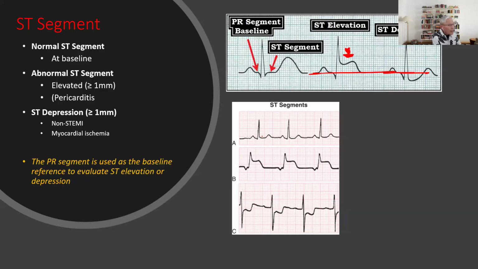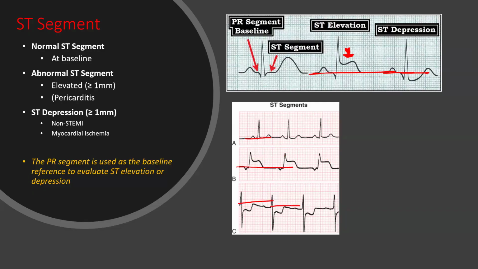Okay, so in letter A, notice that the baseline is going to be at the baseline, meaning to say it's not depressed. Over here in letter B, what do you notice? An elevation. How about in letter C? What do you notice? A depression. Okay. So what is this finding associated with as far as diagnosis is concerned?